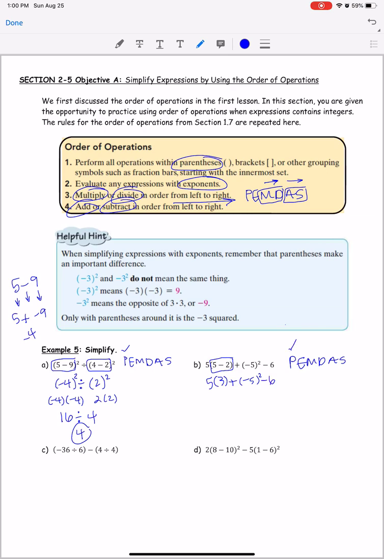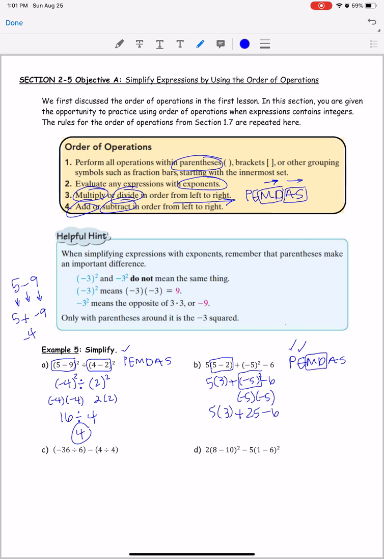So parentheses are done. Do I have any exponents? Yes, I do. I've got this -5 squared. So -5 in parentheses squared means -5 times -5. Negative times negative is positive. So this becomes 25. So drop down everything else. We got a -6 plus 3 and a 5. So exponents are done. So now multiply and divide.